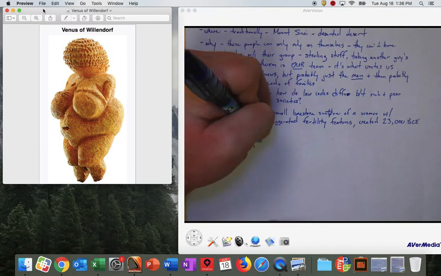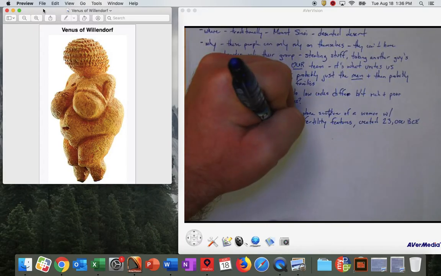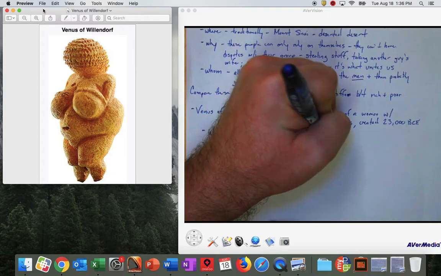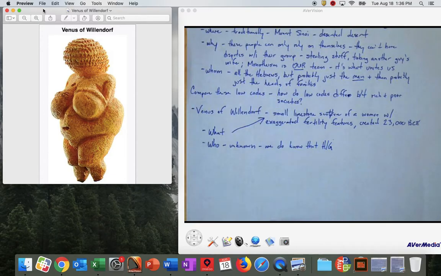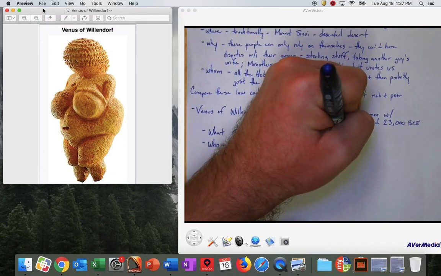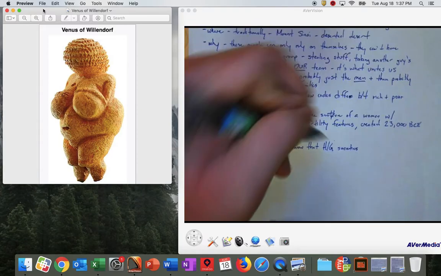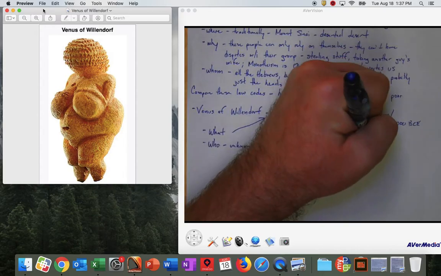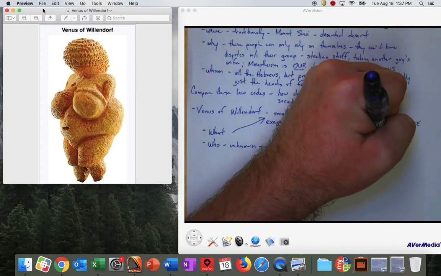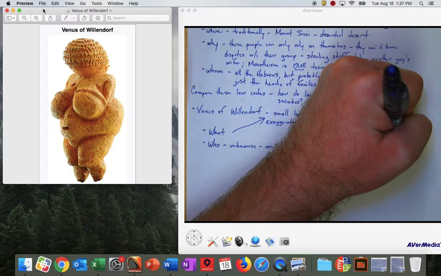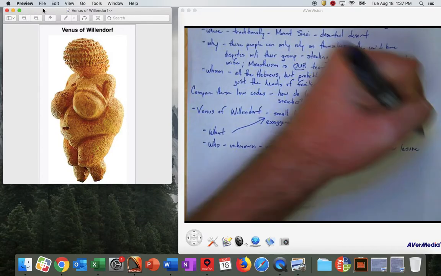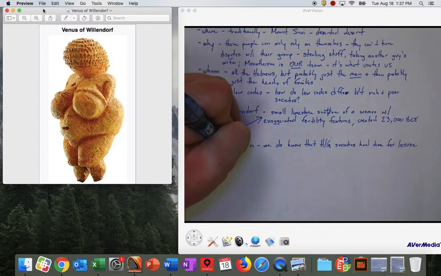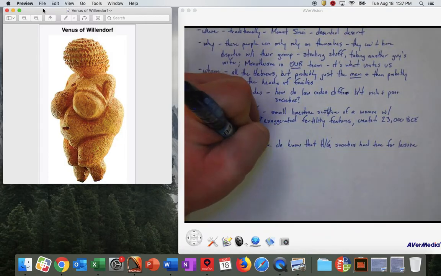But we do know that hunting and gathering societies had time for leisure activities, like sculpting.